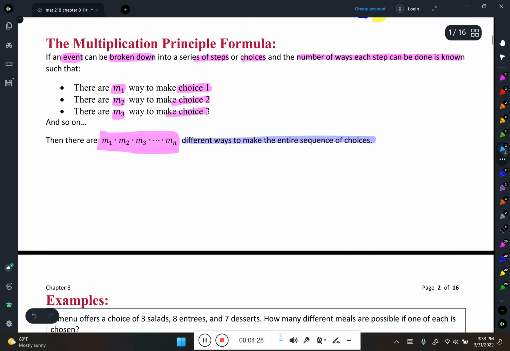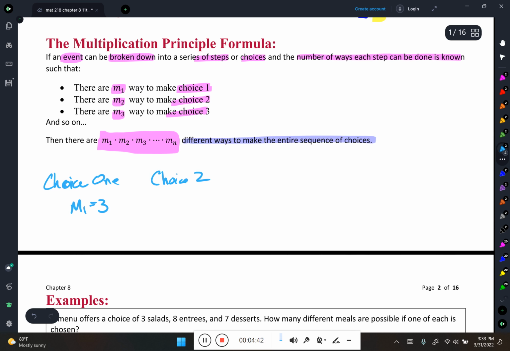For example, if we say that choice 1 was our pastry, then M1 would have been 3. And if we say that choice 2 was our drink, then M2 would have been 2.